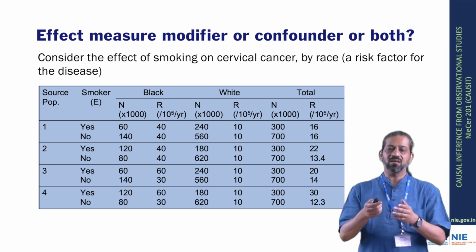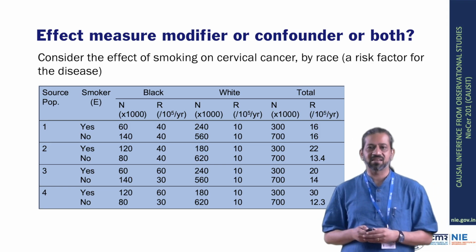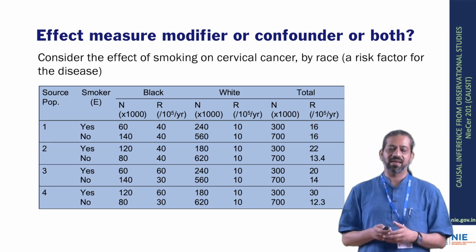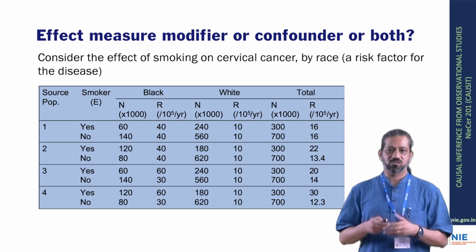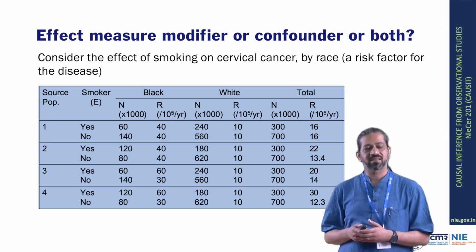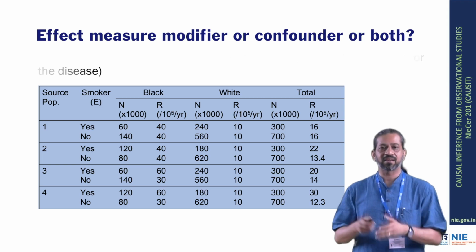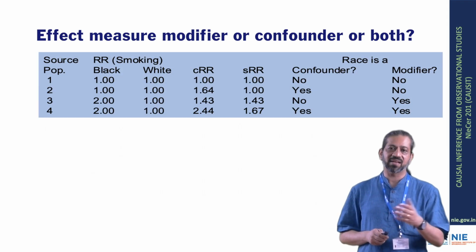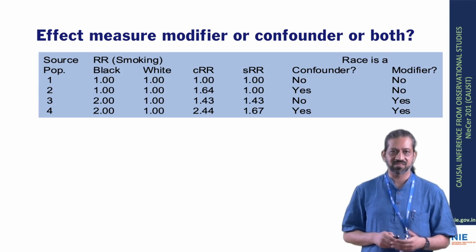Then in the middle, there is the stratified analysis, stratified by race: the risk of cervical cancer from smoking among black and among white. So let us look at the result of this analysis.